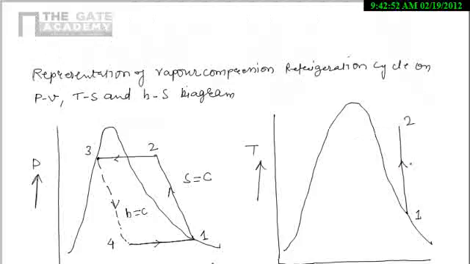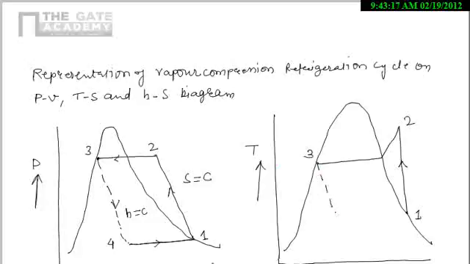And 2 to 3 is in the condenser, a constant pressure heat rejection, so the temperature will decrease and we get saturated liquid at state 3. 3 to 4 is a throttling process, a constant enthalpy process or irreversible process.